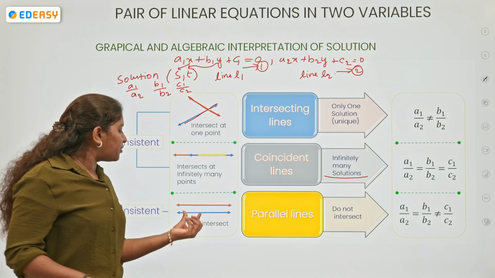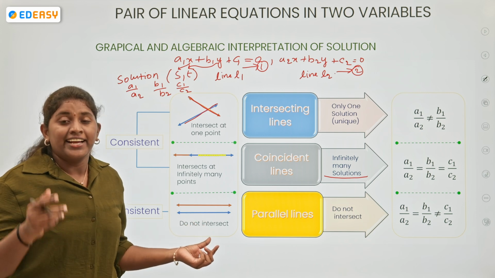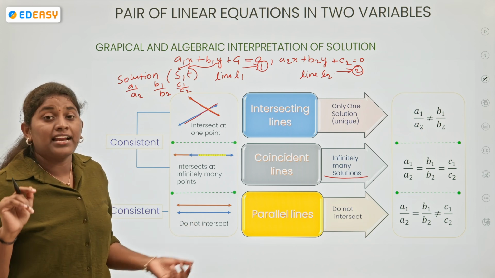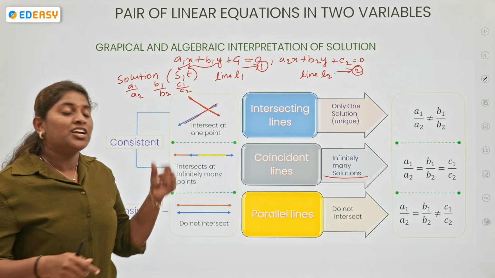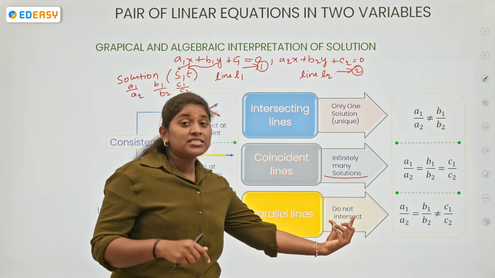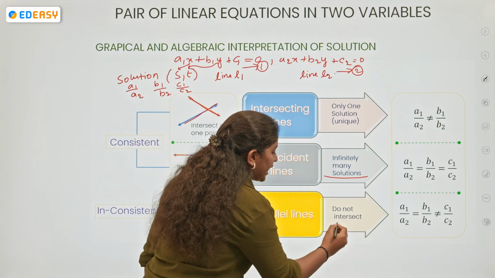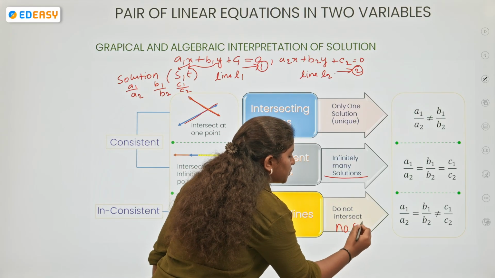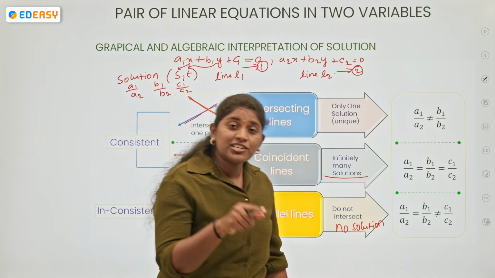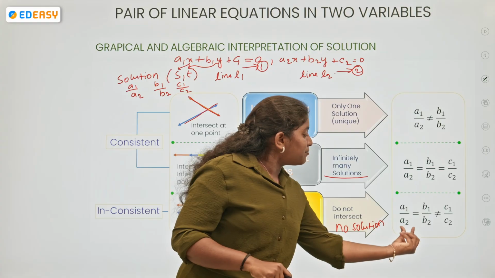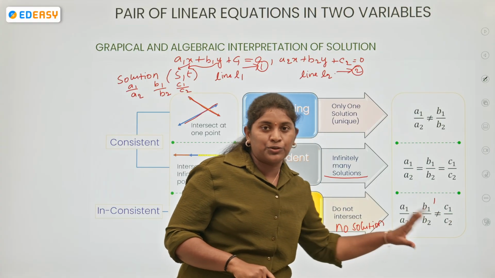Okay, now moving to the next. If the lines are parallel, clear? If the lines are parallel, we do not have any common point between them. So the type of solution is no solution. They do not intersect, and we have no solution. The relation between coefficients is A1 by A2 equals B1 by B2 but not equal to C1 by C2.